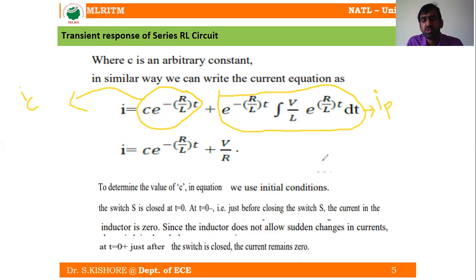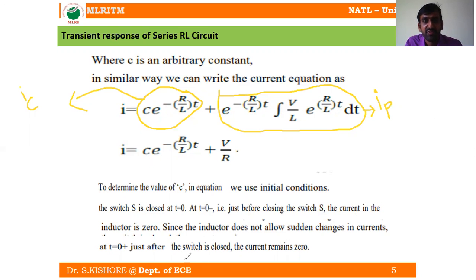Because of the electrical inertia of the inductor, its basic property, following Faraday's law of electromagnetic induction, the inductor does not allow a sudden change in the current. That is why the current just before the switching is the same as just after the switching.